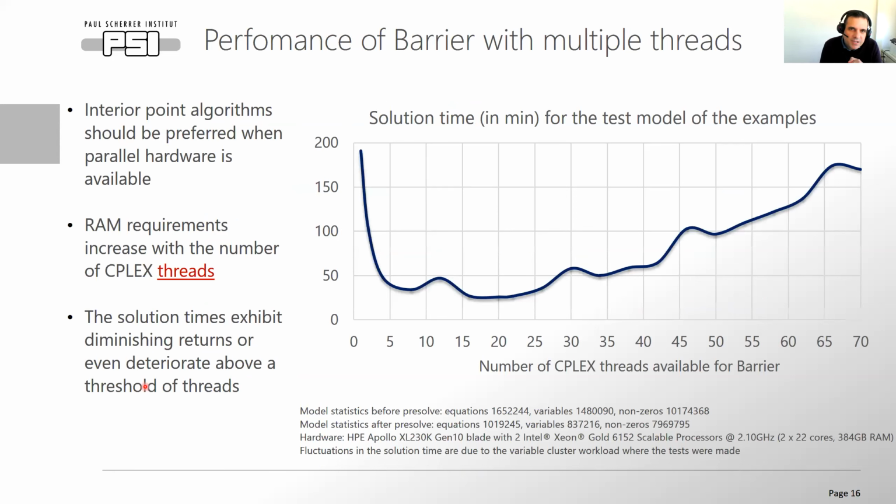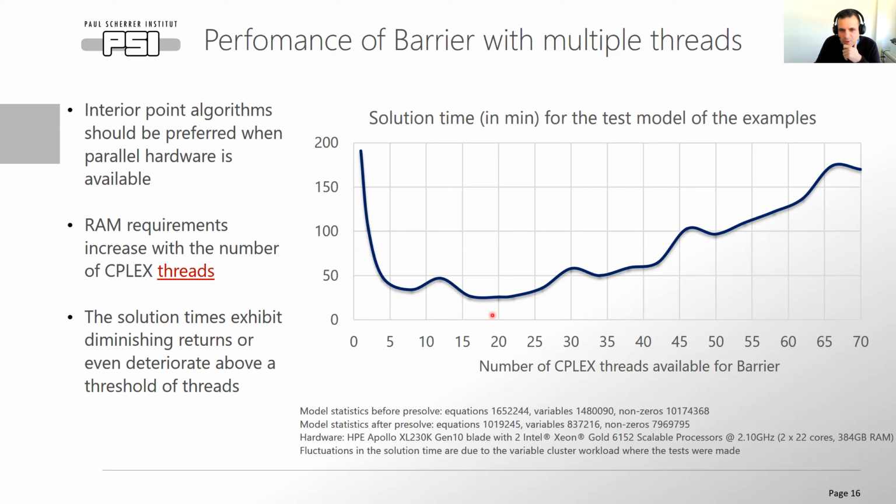So how does barrier perform when we have multiple threads? This is a quite important question when, for instance, we buy a new computer to run our models. How many threads should we have? As you can see in this chart, of course, the solution time that barrier needs reduces as we have more threads available, with higher parallelization and multiple cores in our computer.